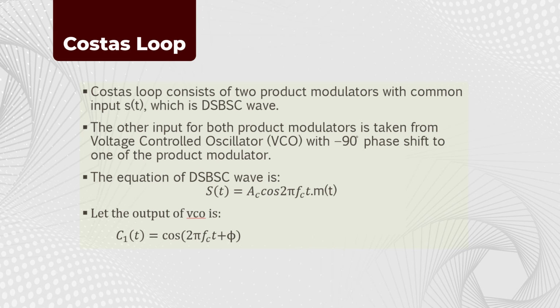The equation of the DSB-SC wave is s(t) = Ac cos(2πfct) · m(t). Let the output of the voltage controlled oscillator be c1(t) = cos(2πfct + φ).